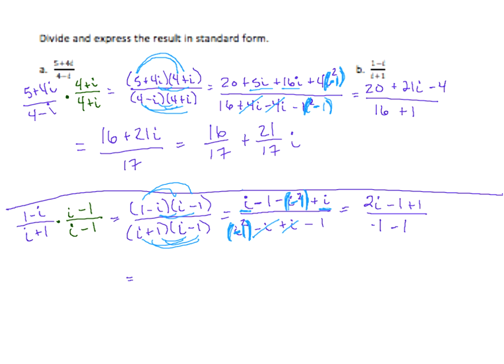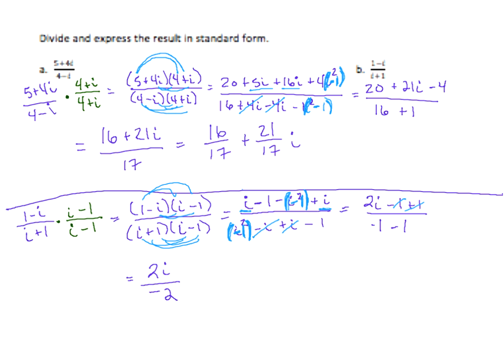My like terms in the numerator are actually opposites, so they go away. And I have 2i over negative 2.